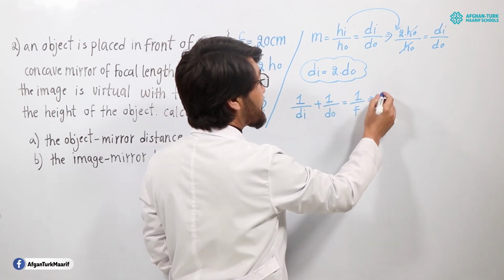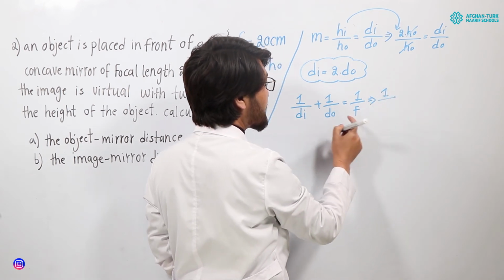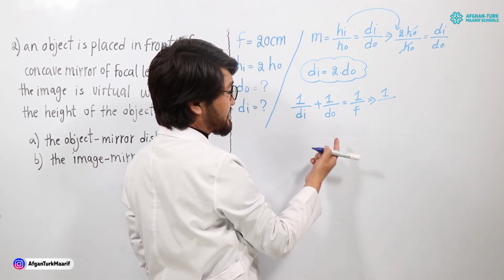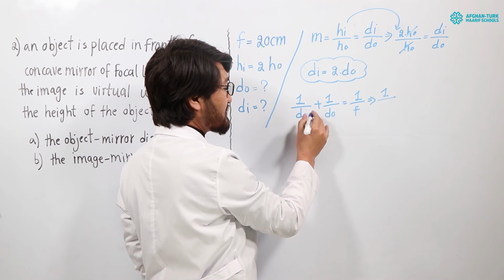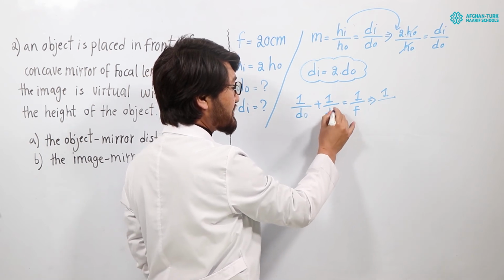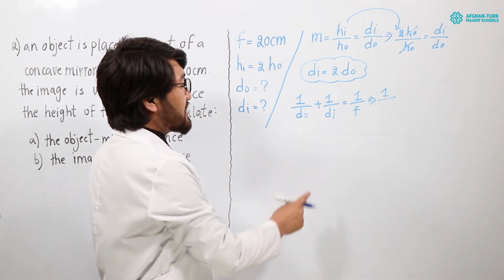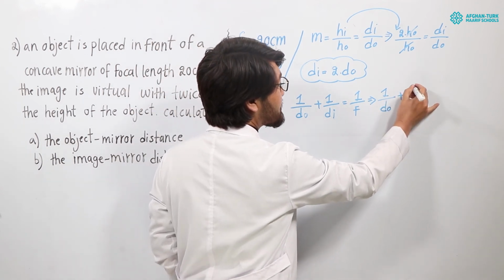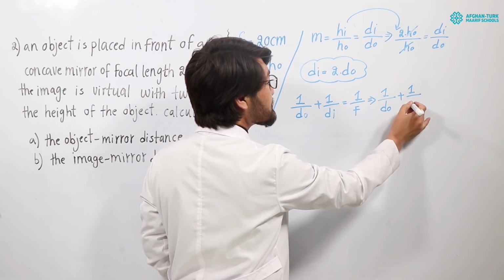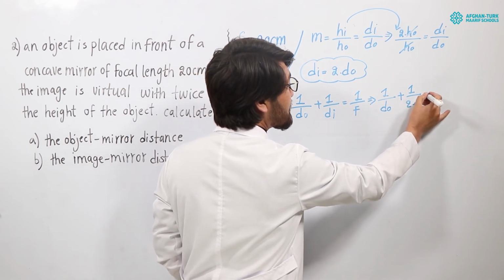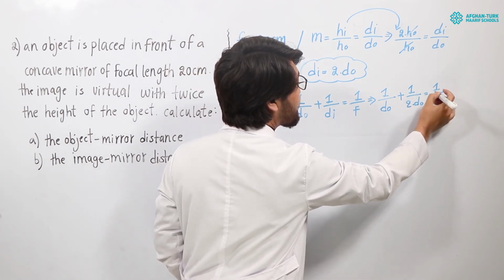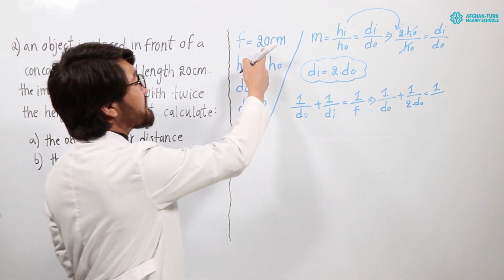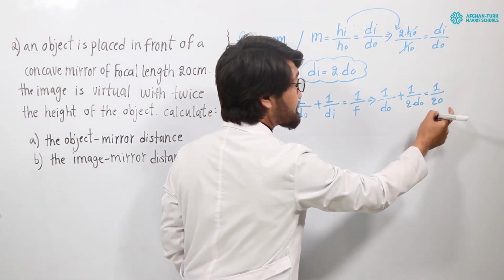It doesn't matter the order, so 1 over DO plus 1 over DI. What is DI? 2 times DO. This is equal to 1 over F. What is F? F is 20 centimeter.